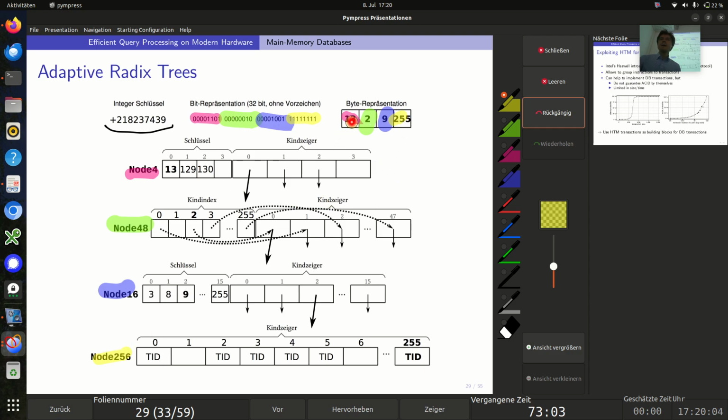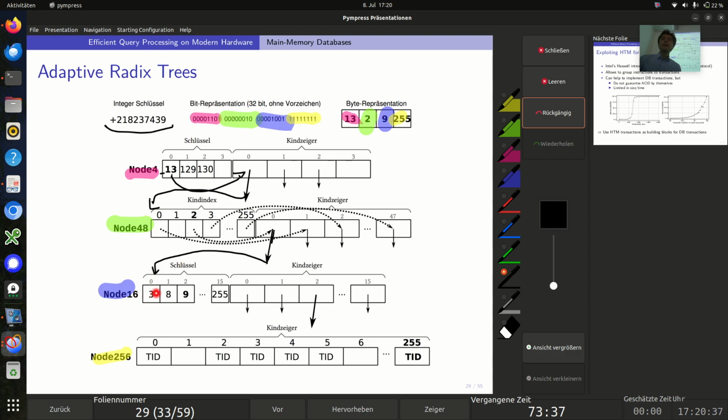And here you see, we have the 13, so we access the 13. It's in the first position, so it's here, and then this is a pointer to the next node. Then we see it's the 2, so implicitly we access the element at position 2. This is a pointer to the inner array, and here it's a pointer to the next node location. So we can go on.